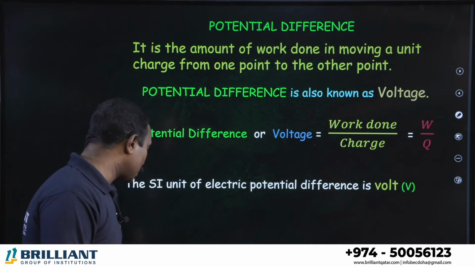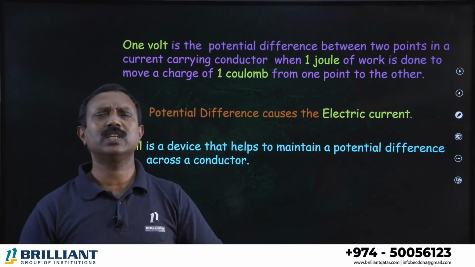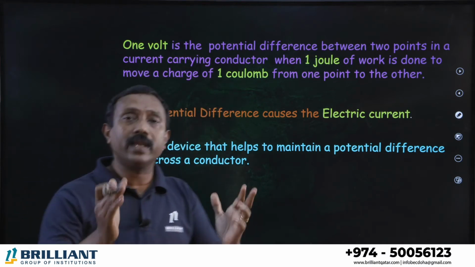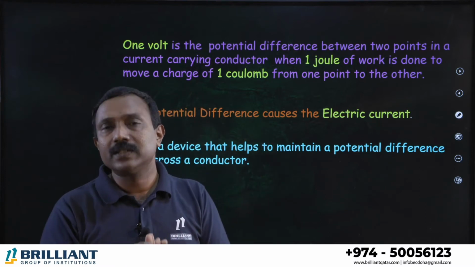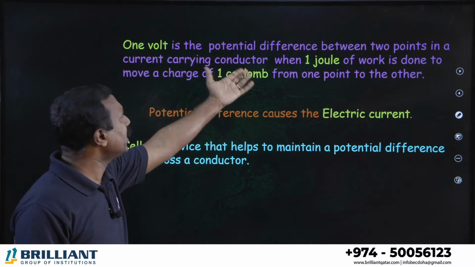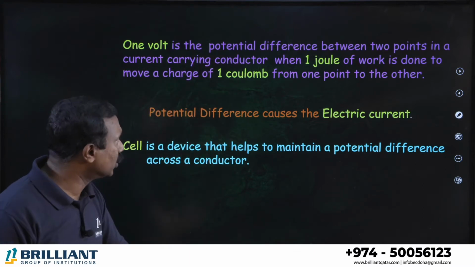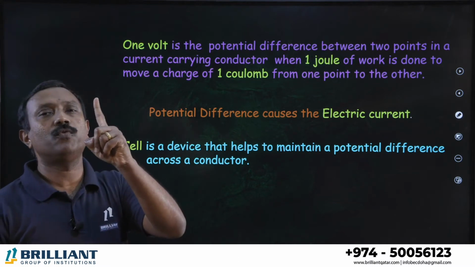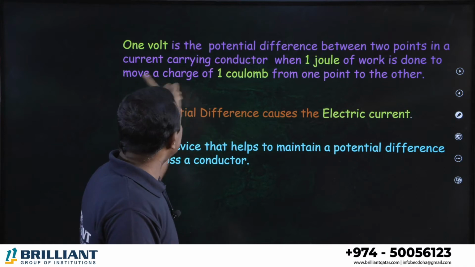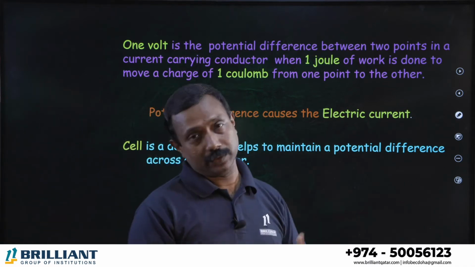Now, we want to study what we mean by 1 volt potential difference. See, 1 volt is the potential difference between any 2 points in a current carrying conductor when 1 joule of work is done to move a charge of 1 coulomb from one point to the other.